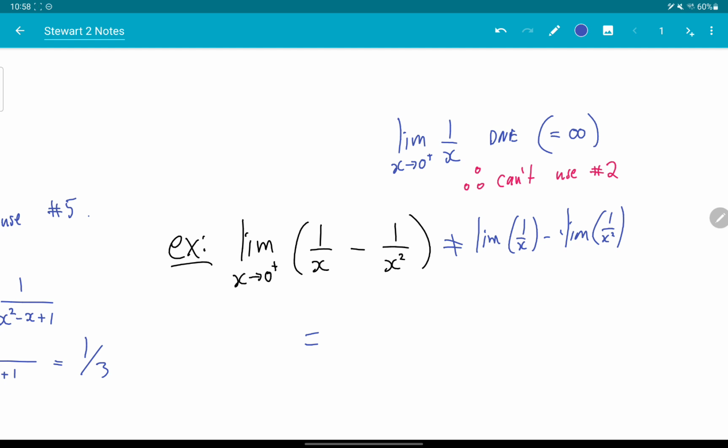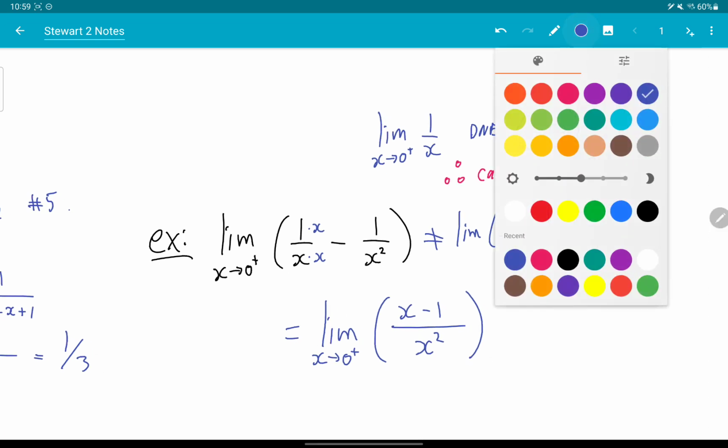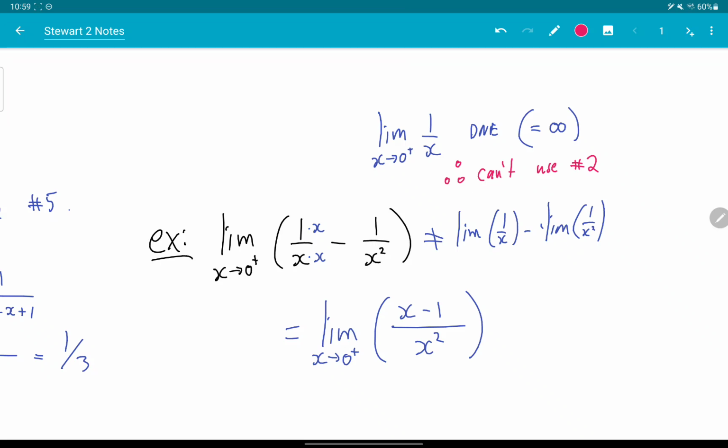Okay, what I do is I do a common denominator here. So the common denominator will be x squared. So I multiply this fraction, top and bottom, by x. And I get x minus 1, over x squared, where x is going to 0 plus. And now my problem is much simpler, because at the beginning it was very, very strange.